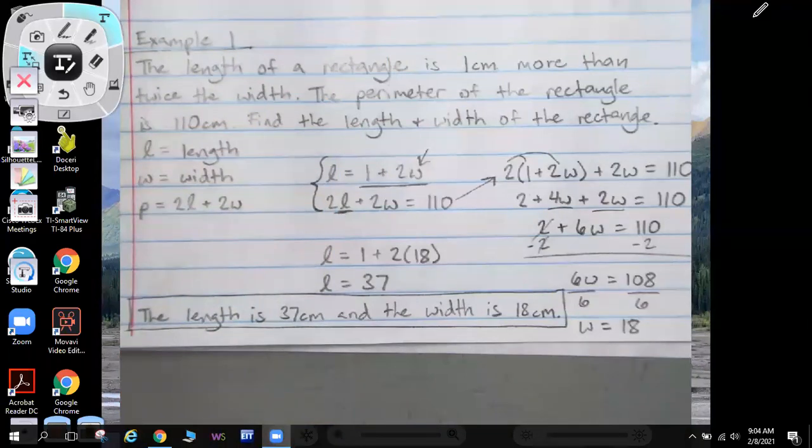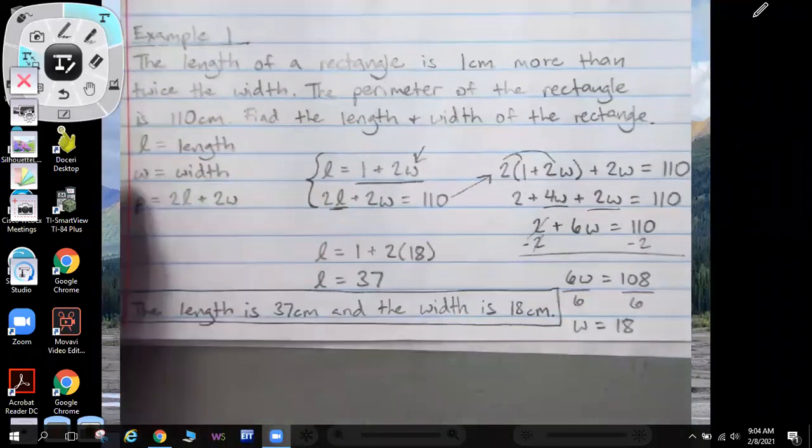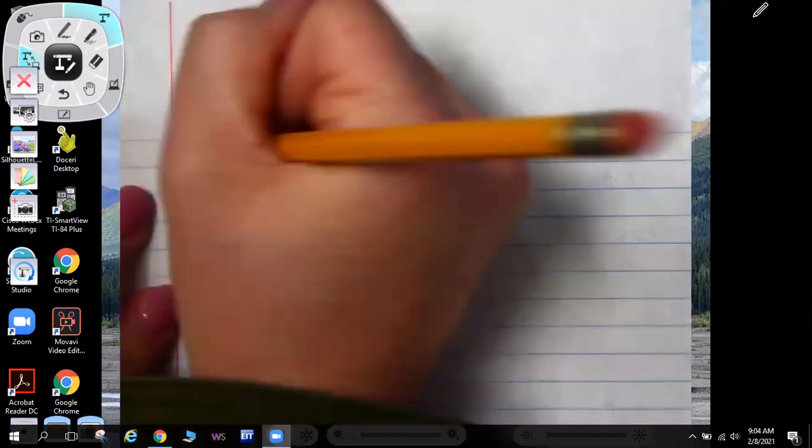Okay, let's look at another example. So this is example 2.